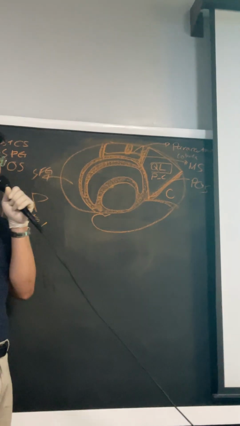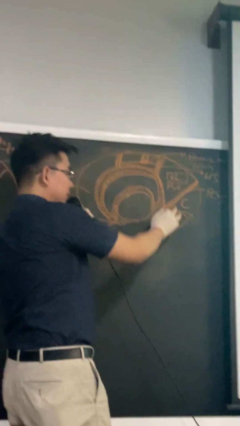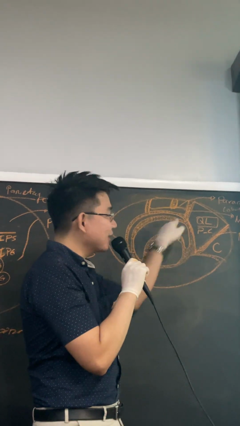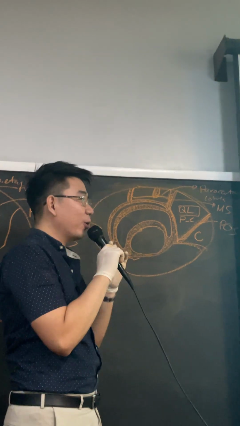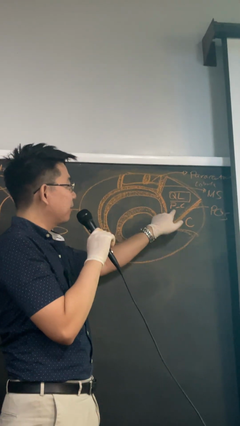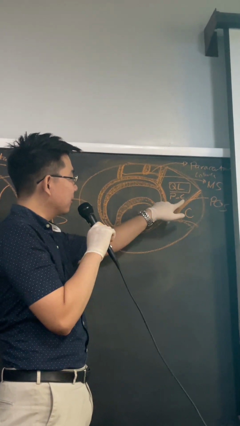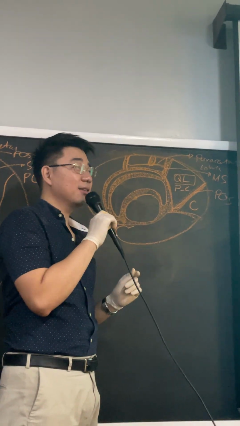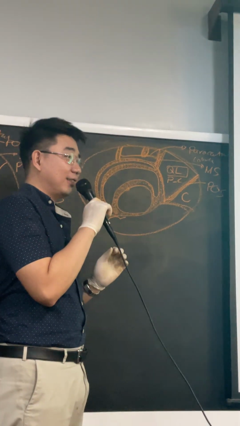So just so you don't forget, either you identify the 4 sides, the quadrate lobe, or you identify the cuneus first, and just before that, in between the parieto-occipital sulcus, that becomes the precuneus. You see that?